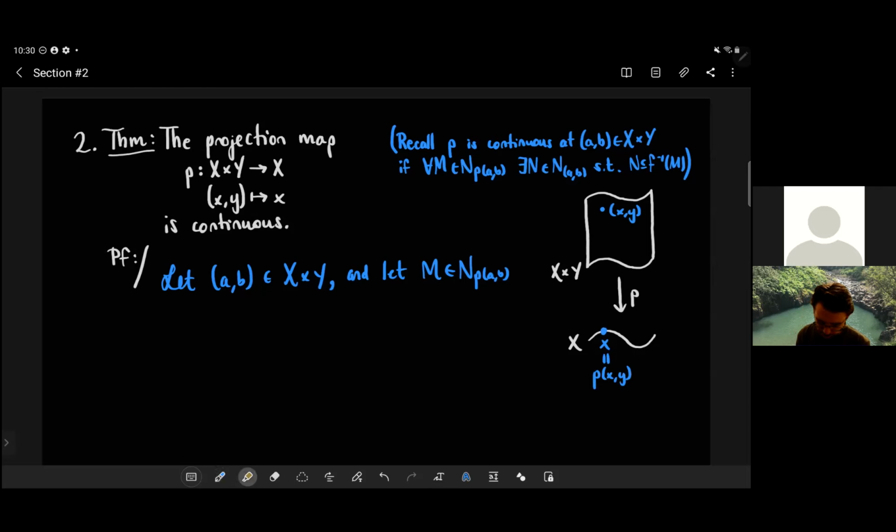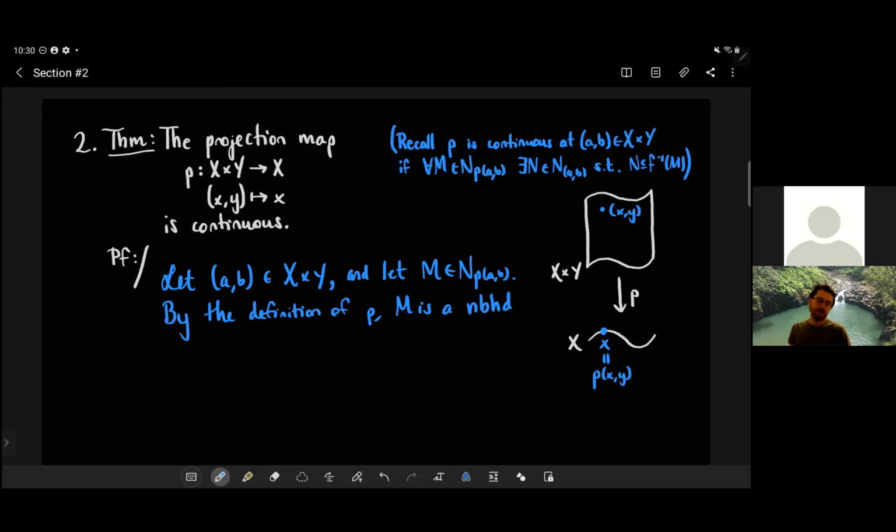Okay, so I mean, the first weird thing is this notation. Professor likes using that because it helps with formal logic proofs. Usually we'll just say M is a neighborhood, and we'll write it in English, a neighborhood around the point P of AB. And maybe I'll just say by the definition of P. Let's actually write it out in English. By the definition of P, M is a neighborhood.